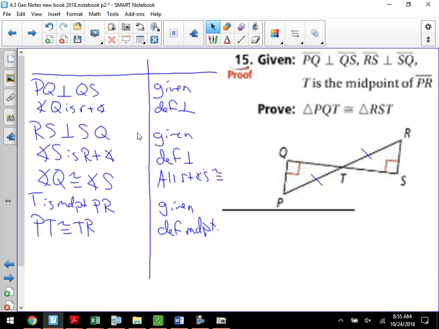And now you look at your diagram. As of right now, you have one angle on one side. So you have the possibility of using side, angle, or angle, angle, side.